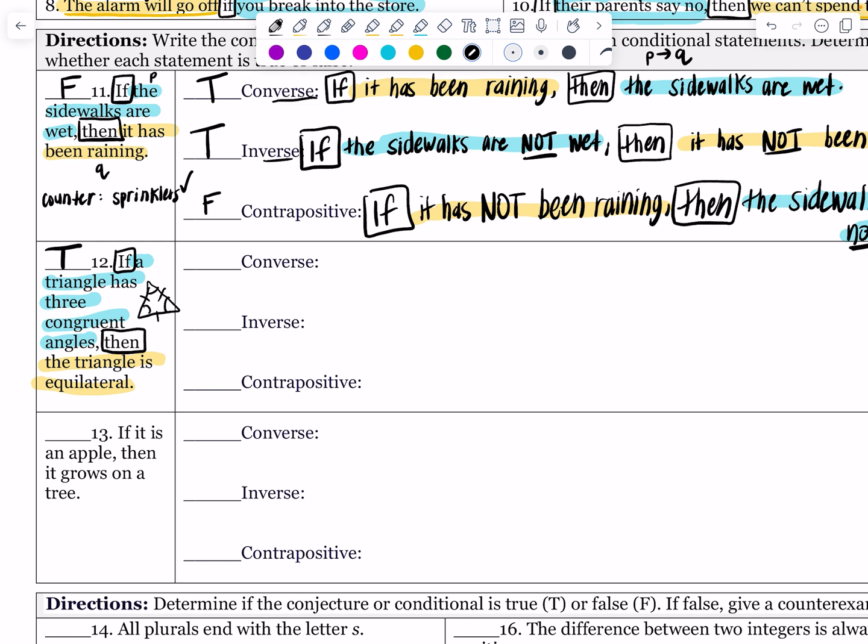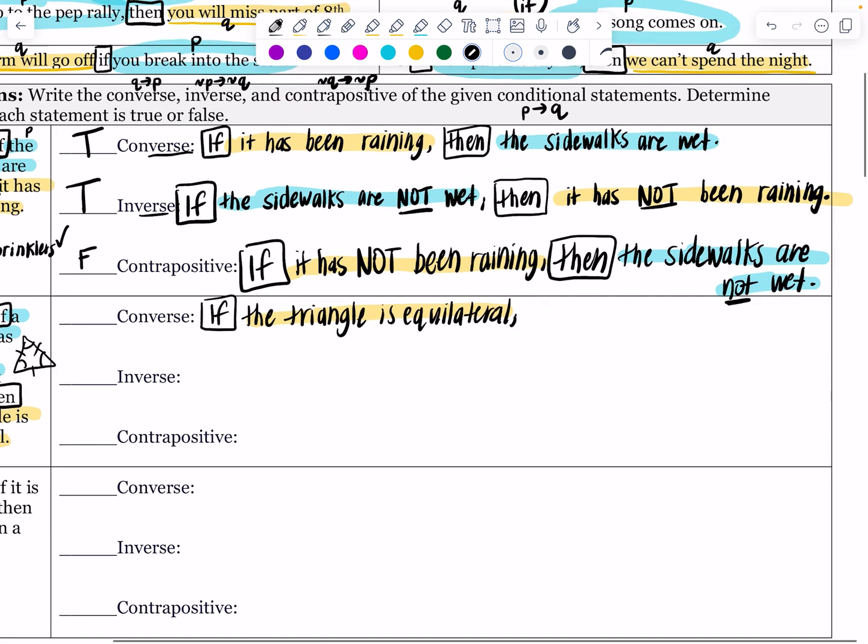So if our OG, our conditional statement, is if blue then yellow, what is our converse going to be? It's going to be if yellow then blue. So if the triangle is equilateral, then a triangle has 3 congruent angles.